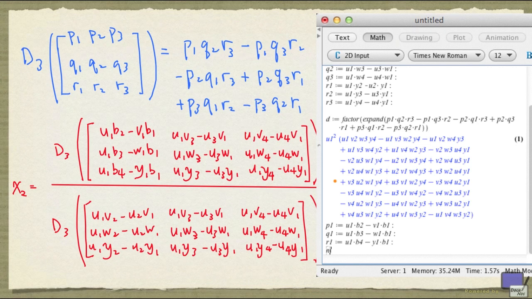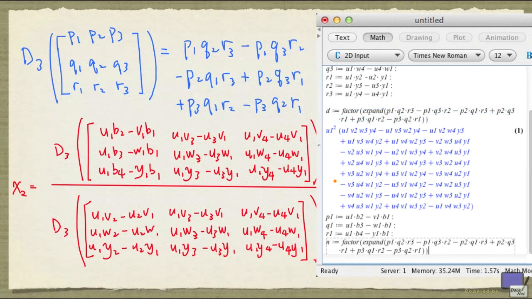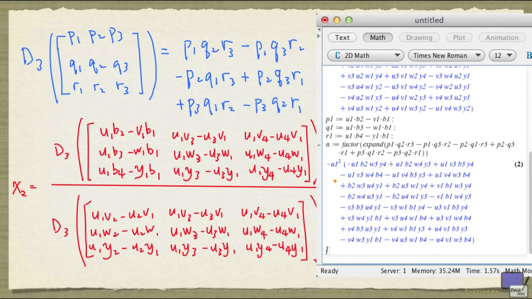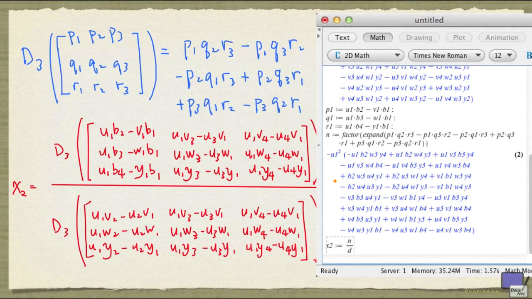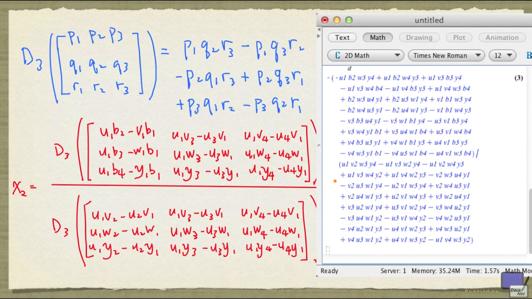Alright, and now we do the same computations. So this big expression, again with 24 terms and a factor minus U1 square, is the numerator. So to calculate x2, we just take n divided by d, and this is our expression.